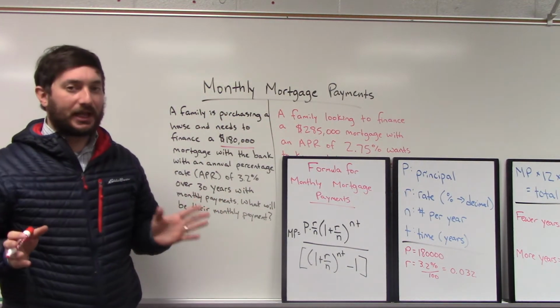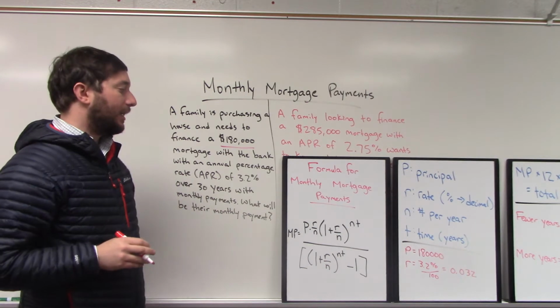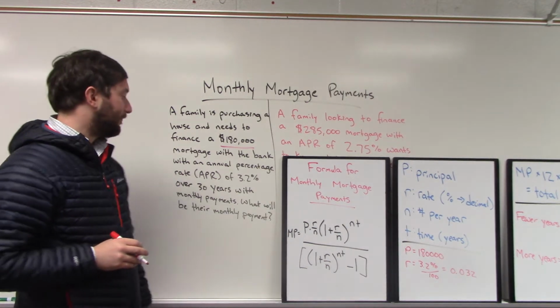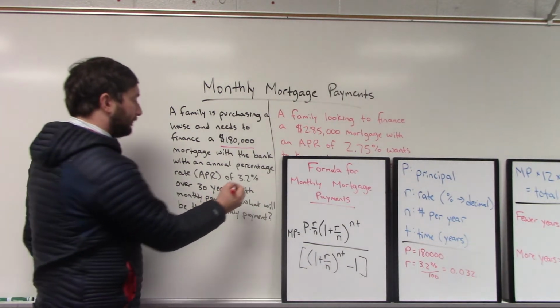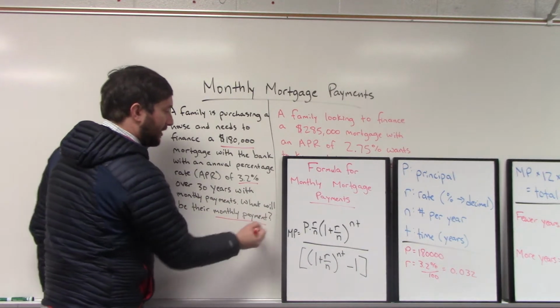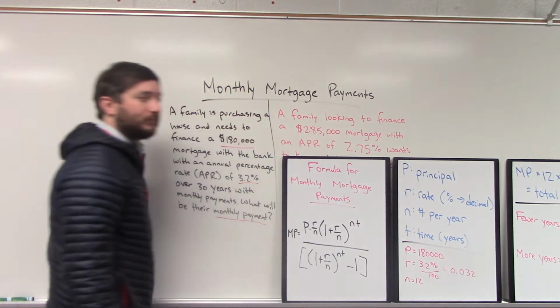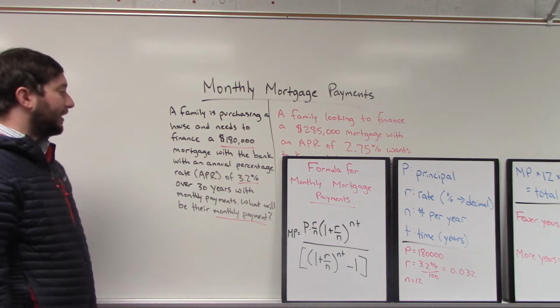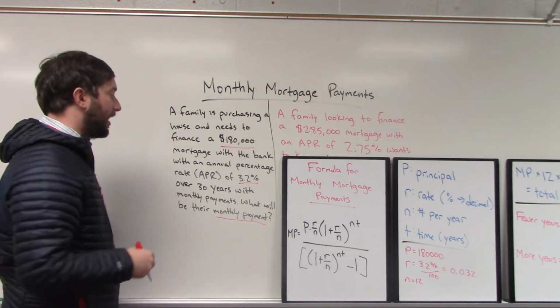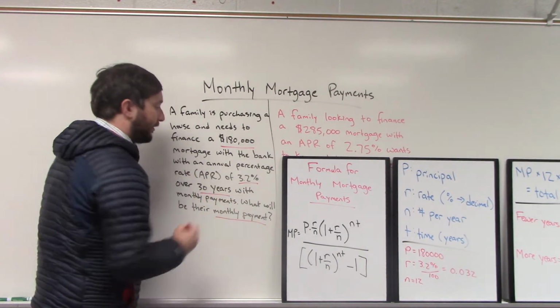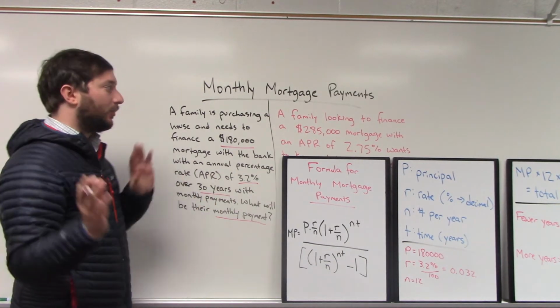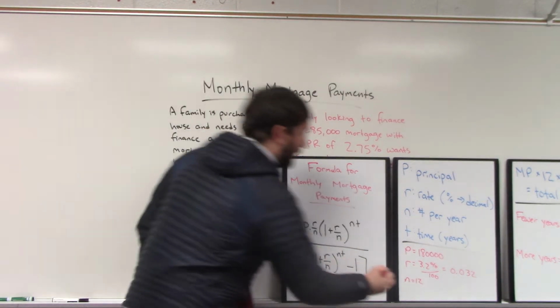I would not just eyeball it and move decimal places. This will make sure that you're exact. We're looking for monthly payments here, so N will be 12 months. And finally, the number of years that we're going to try to pay this off within will be 30 years. That's our time frame. The whole house will be paid off after then.